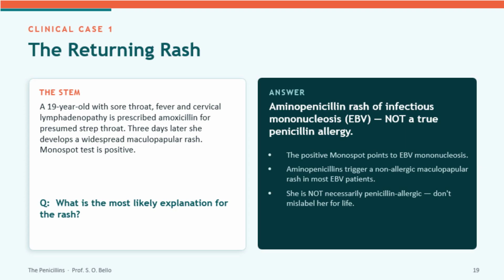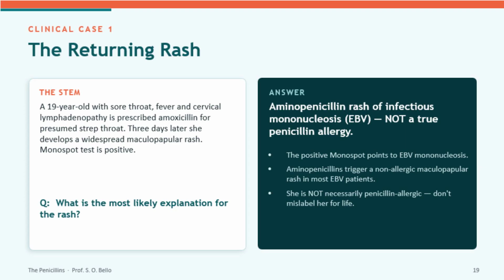And here's the classic association we mentioned earlier. When you give an aminopenicillin like amoxicillin or ampicillin to someone with EBV mononucleosis, the great majority develop this characteristic rash. Crucially, this is not an IgE-mediated true penicillin allergy. It's a non-allergic virus-related phenomenon.